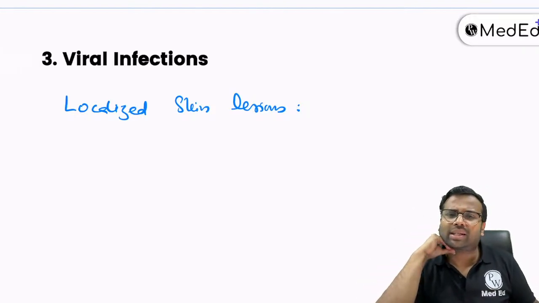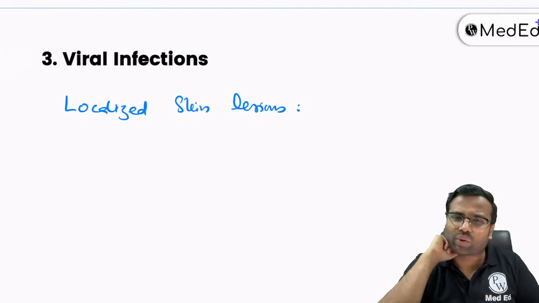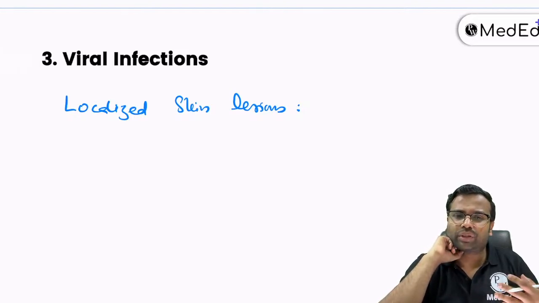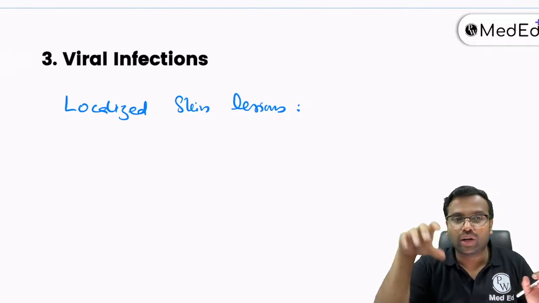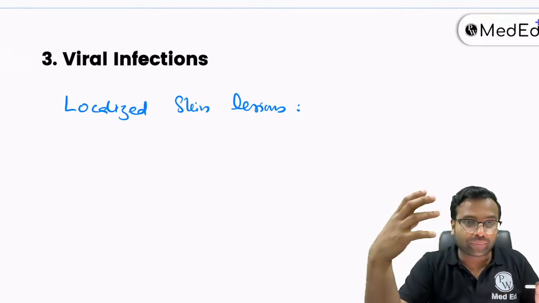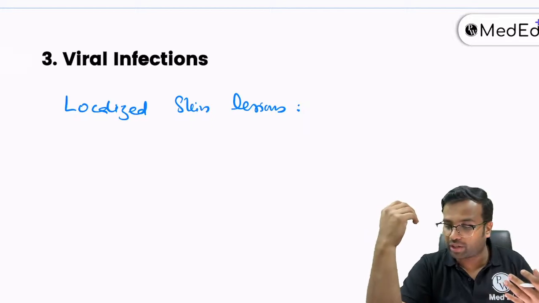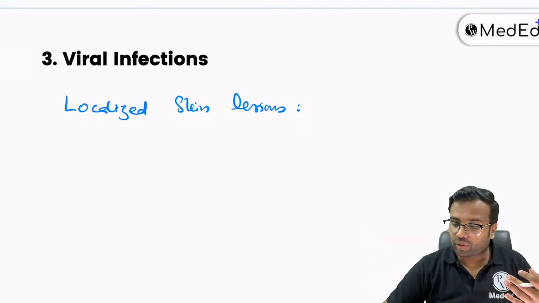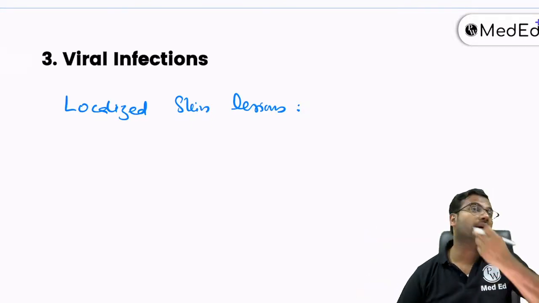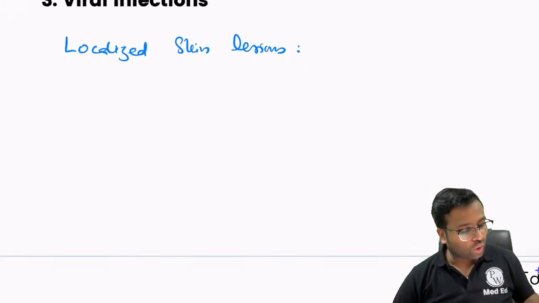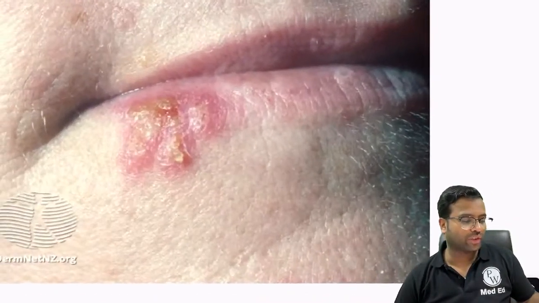Localized lesion as in, let us say, herpes simplex virus, isn't it? So a lot of different types of skin lesions. I guess it is more interesting, and you'll be able to correlate it better, if I show you more images, right? Yeah, cold sore, very good. That is going to be herpes labialis. Well, now let's show you some of the images.